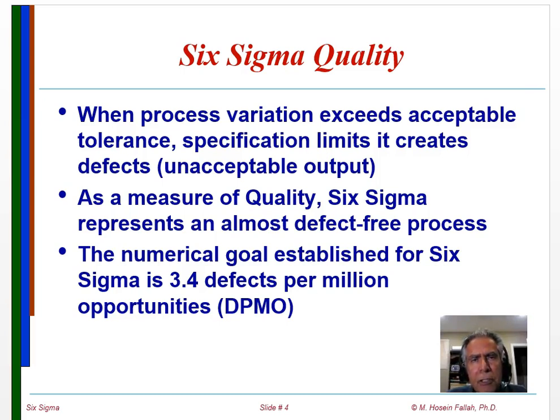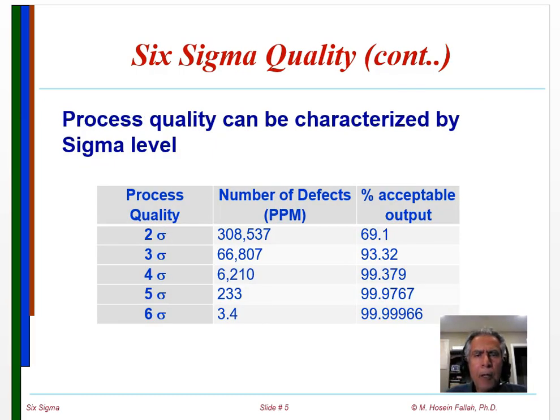And in the industry, there is a numerical standard for a Six Sigma process: 3.4 defects per million opportunities for output, called DPMO. In the past, we have measured quality in terms of percentages, or percent good.